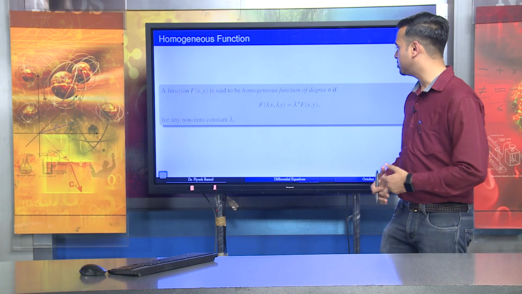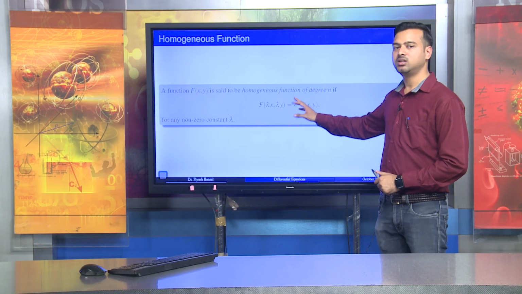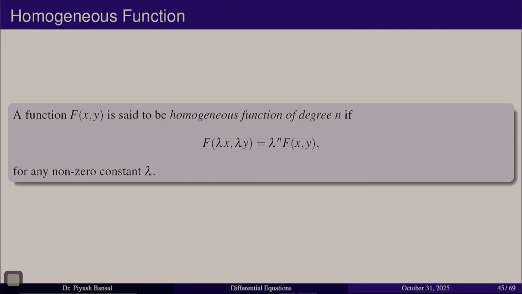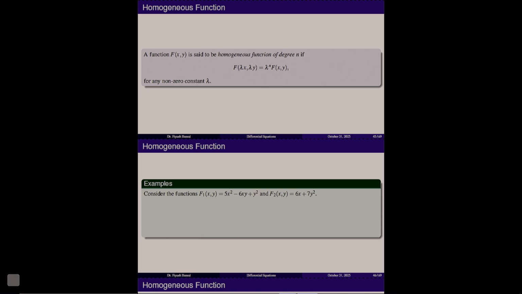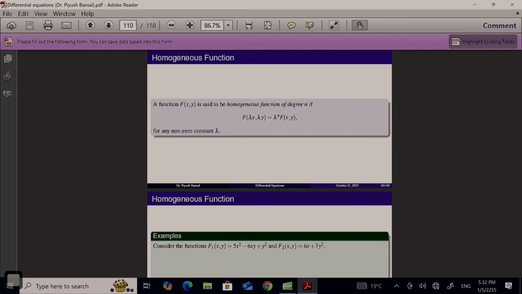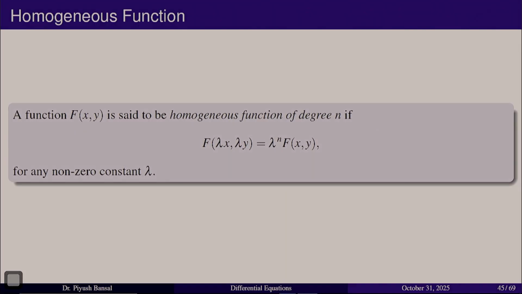So, a homogeneous function is any function f which satisfies this relation: f(λx, λy) = λ^n f(x, y). Here λ is any non-zero constant and n is the degree of that function.